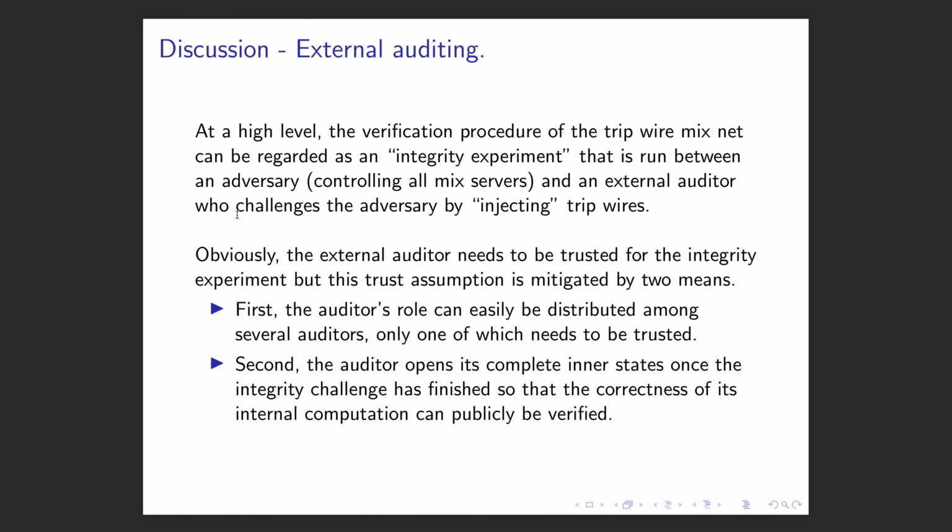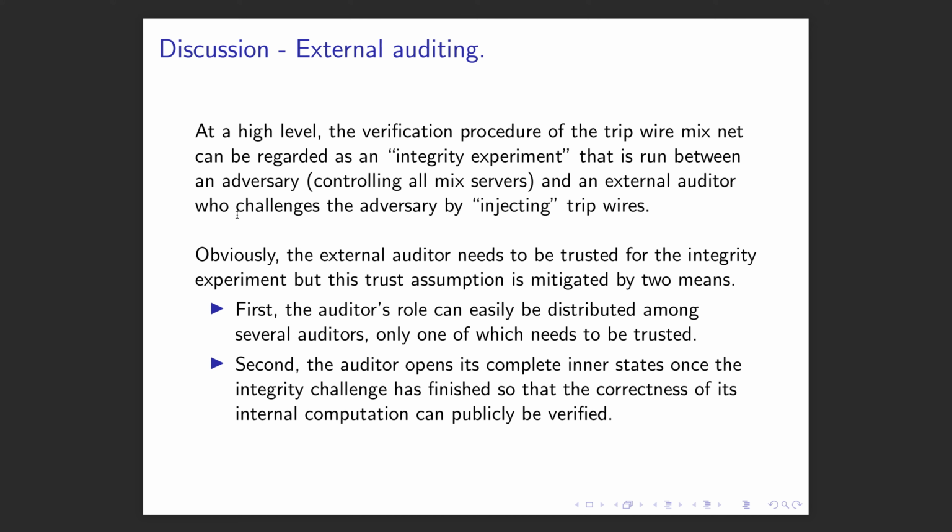So at a high level, the verification procedure here is an integrity experiment that's run between the adversary and the external auditor, who challenges the adversary by injecting tripwires. Obviously the external auditor needs to be trusted for the integrity experiment, but this trust assumption is mitigated by two means. First, the auditor's role can be easily distributed among several auditors, only one of which actually needs to be trusted.